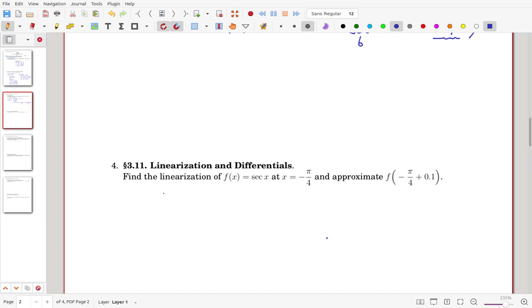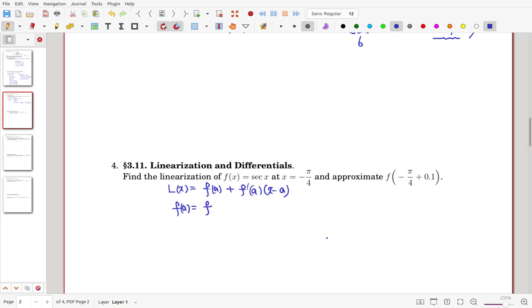Here linearization is given in this way: f at a, where a is given in this form, plus f prime at a times x minus a, right? That's the formula for linearization. So we have to get f prime. Of course, here now f of a. Okay, first we'll try to get f of a.